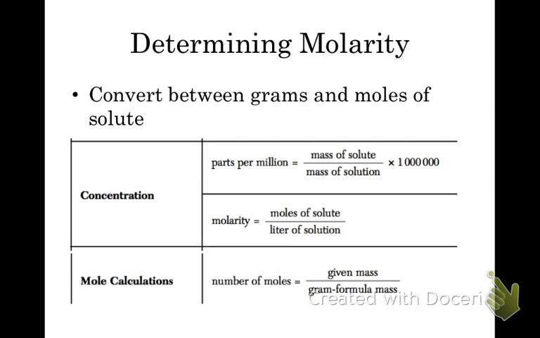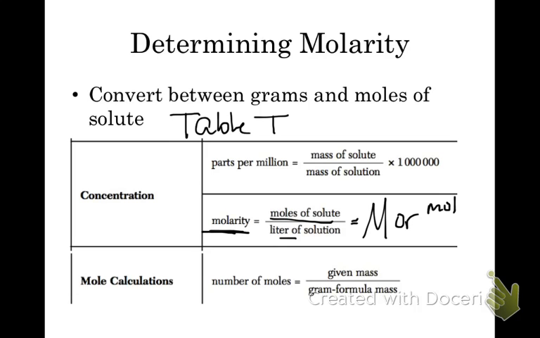You can find the formulas for molarity using Table T. This is from Table T, the back side of your reference table, and it's right here. Molarity is the moles of the solute per liter. So you can have capital M or moles per liter.